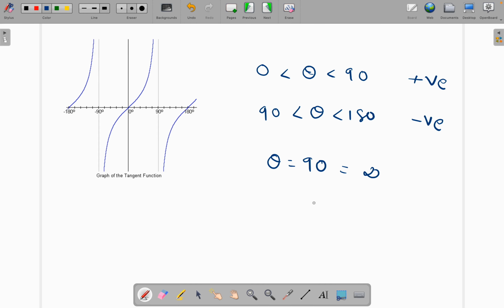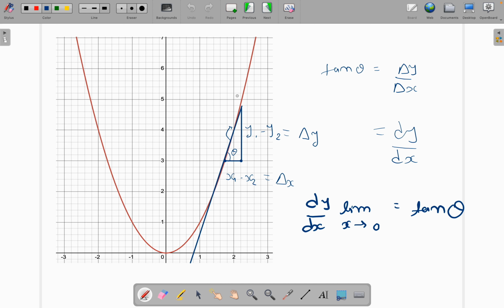So if we look at the previous graph, this part will have theta less than 90 and greater than 0, right?